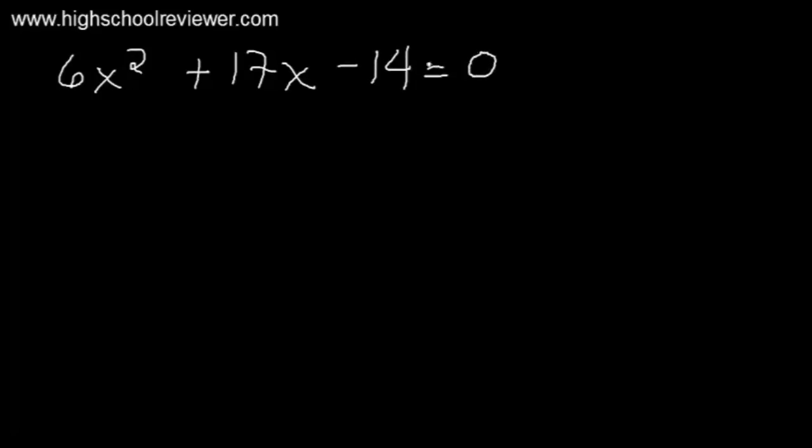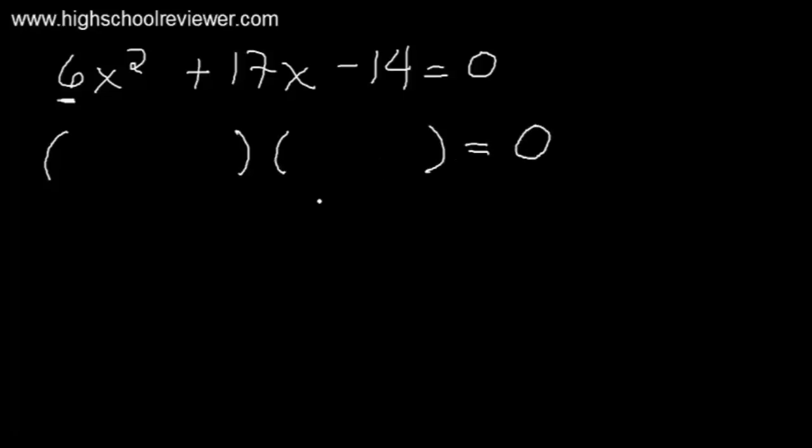Our next problem, we have positive 6x squared plus 17x minus 14 equals 0. Since our first term has a numerical coefficient, we will base our factoring on our first term. Okay, so we will factor out our first term.